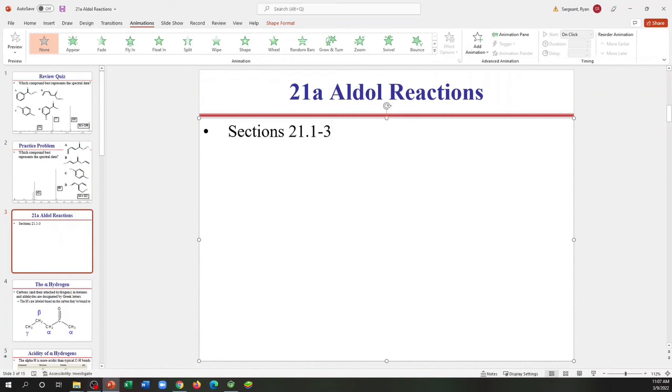So what have we learned today? Well, big picture, we talked about the aldol addition and the aldol condensation reactions.